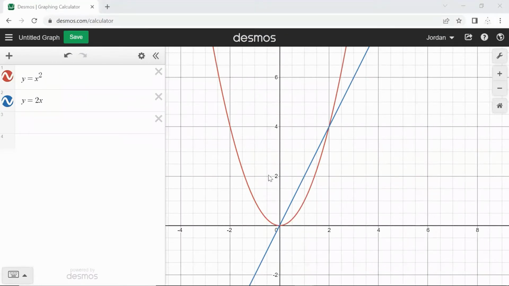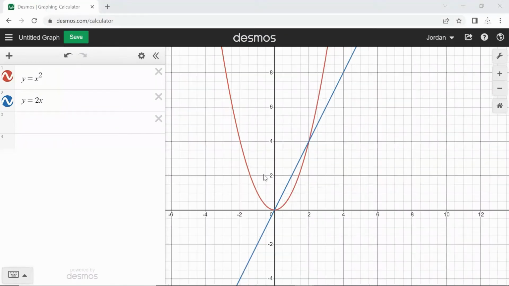In this scenario, I want you to notice that between -1 and 4, the curves actually cross twice. That means we're going to have 3 distinct regions, one between -1 and 0, the other between 0 and 2, and the other between 2 and 4.